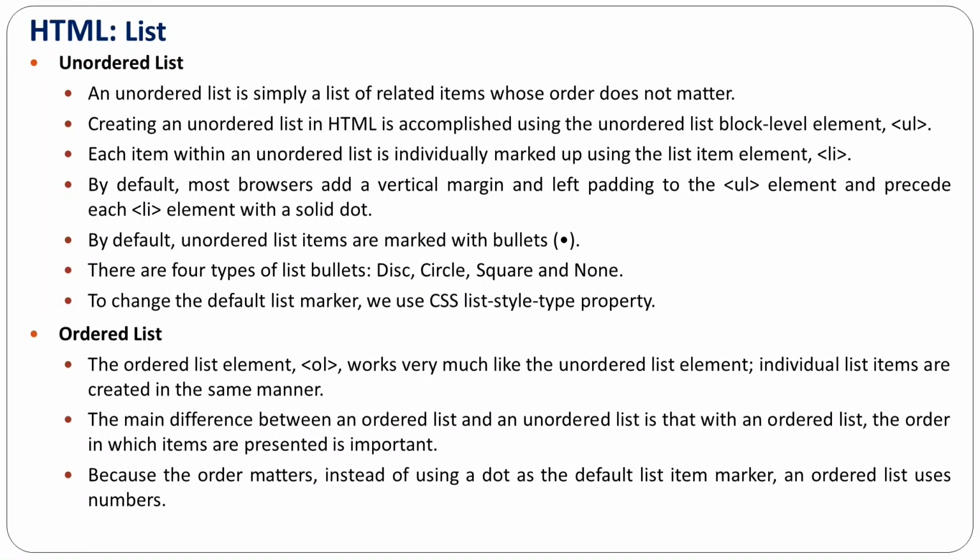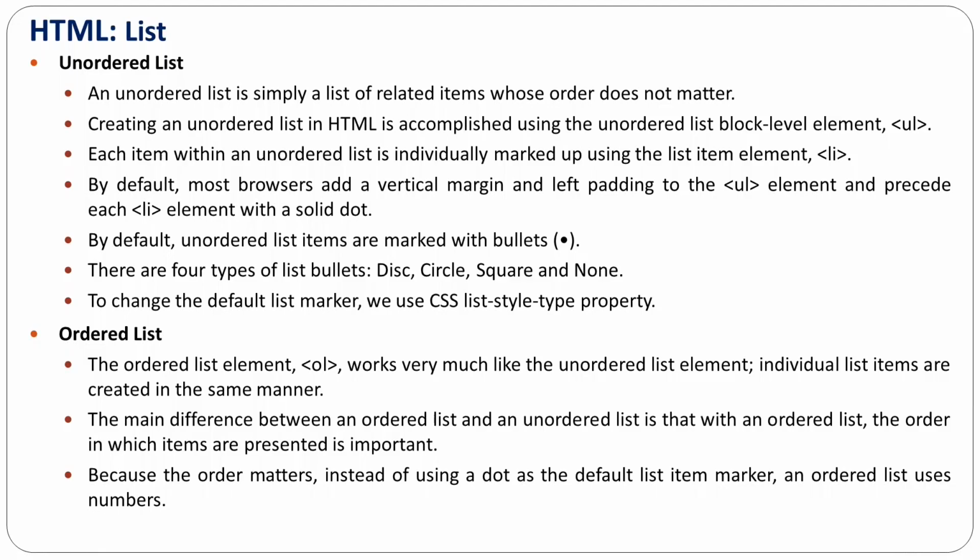Moving next to the ordered list. Opposite to the unordered list is the ordered list. Here we can easily understand that the order of the list is specified. We can specify the list using numbers, alphabets or any other mechanism, but simply the sequence is provided in an ordered list.